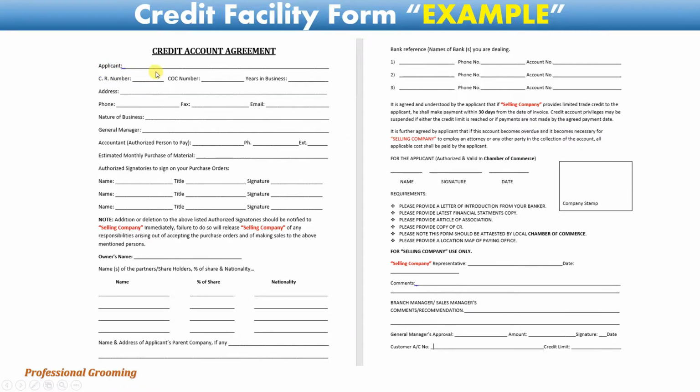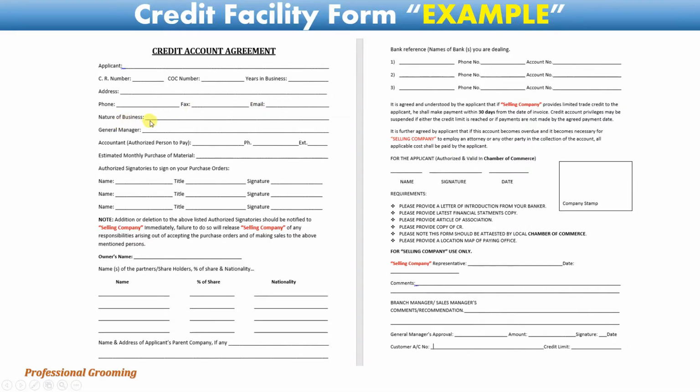So they will put here their company name, their commercial registration number in the Ministry of Commerce, COC number, certificate of conformity number, years in business, how many years they are in business, their current address or the head office address, their phone number, their fax number and their email.